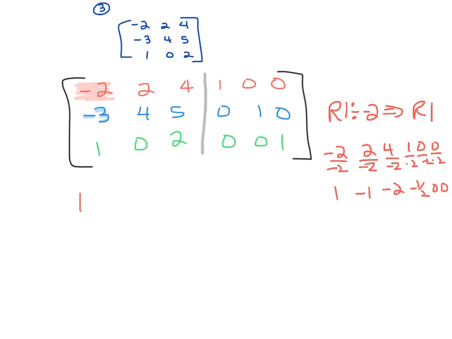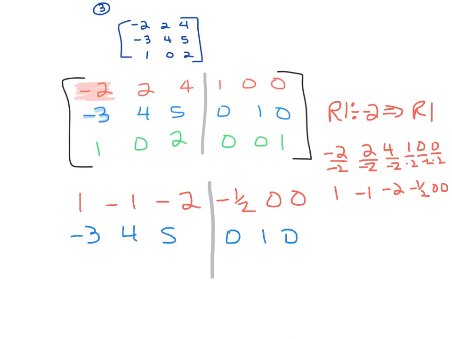That is my new row 1. I'm going to rewrite the blue and the green, rows 2 and 3, just so we don't lose our place of what we're doing here.